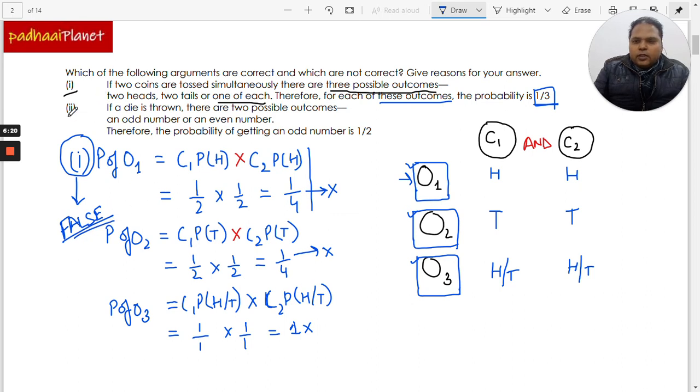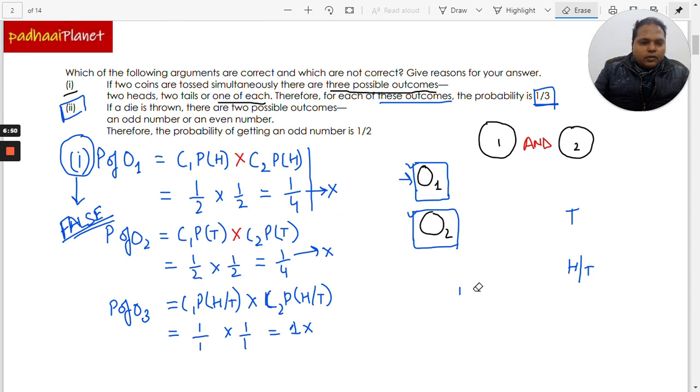Now let's look at the second option. It says that if a die is thrown, there are two possible outcomes, an odd number or an even number, right? Here instead of coins we are talking about dice. So we'll change the question a bit.